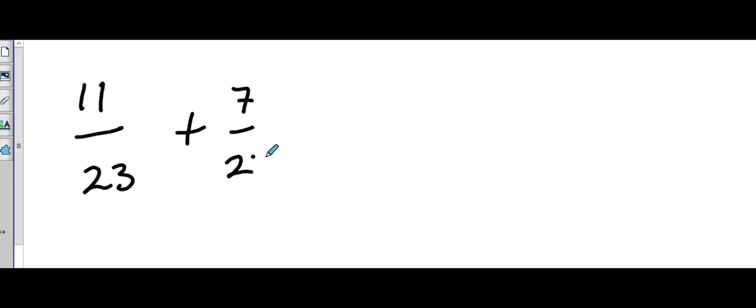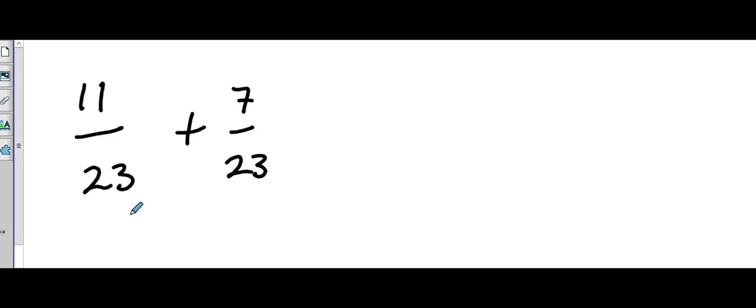As a recap, we're going to add together equivalent fractions, which are fractions where the denominators are equivalent. I'm going to use the example of 11 over 23, and add that to 7 over 23.